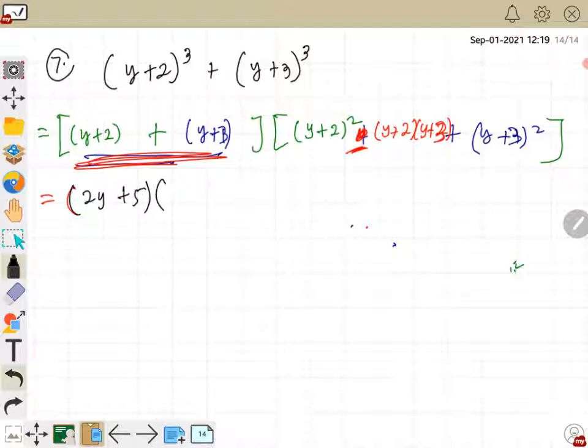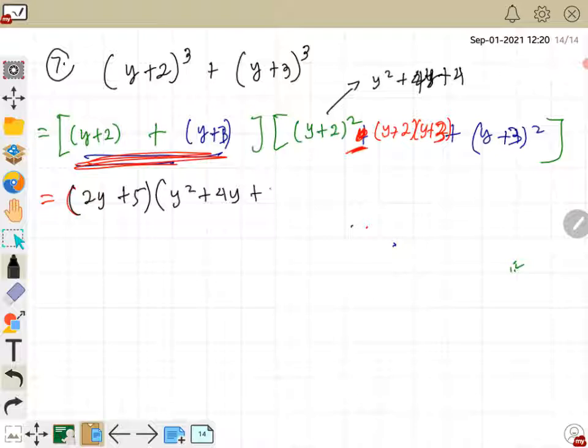Our next problem is expansion of that. Okay, so that is y plus 2 times y plus 2, that is y square plus 2y, 4y plus 4, so we need to write it here, y square plus 4y plus 4. This one, if we're going to simplify that, that's minus, we need to enclose it with parentheses.